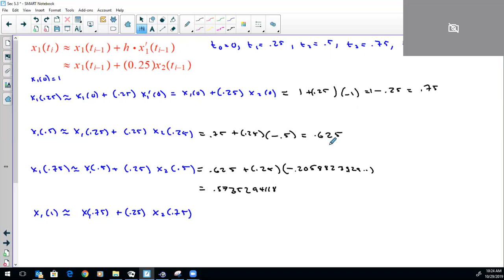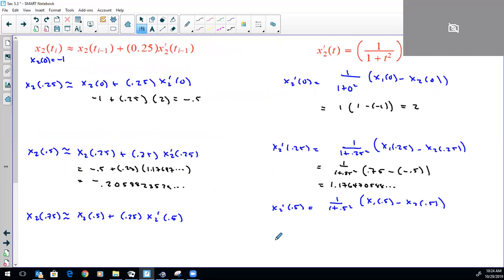Okay, I only have one more step to go, but they get increasingly messy. So this is going to be 0.573529418 plus 0.25 times whatever we got here, x2 of 0.75.